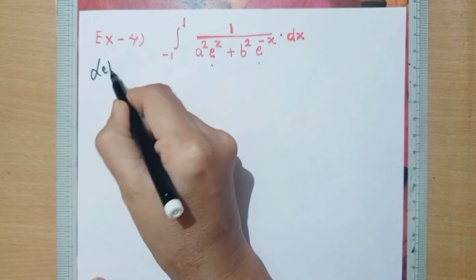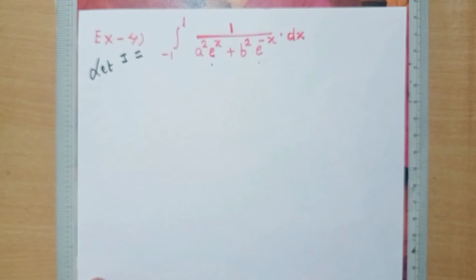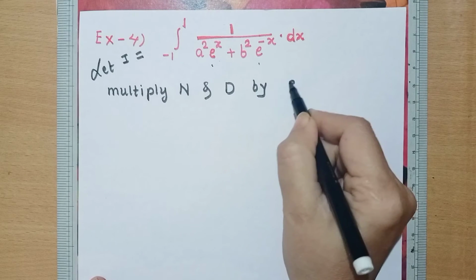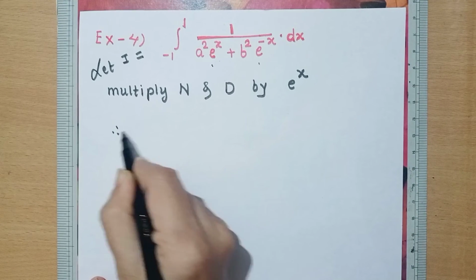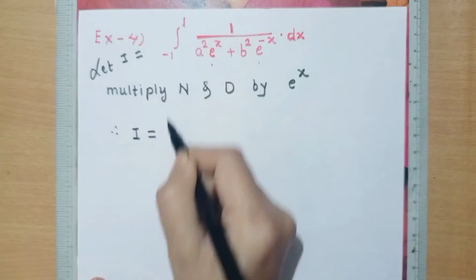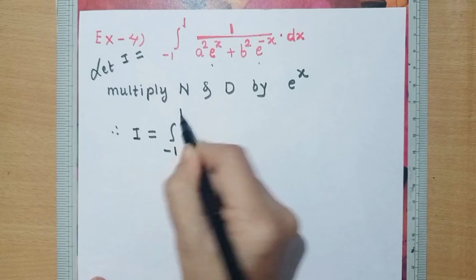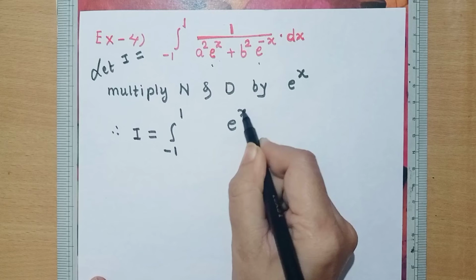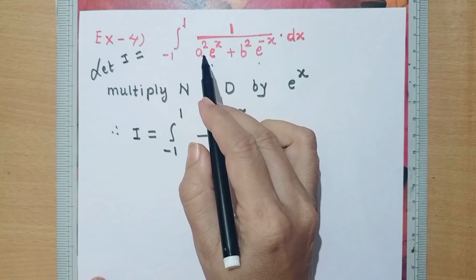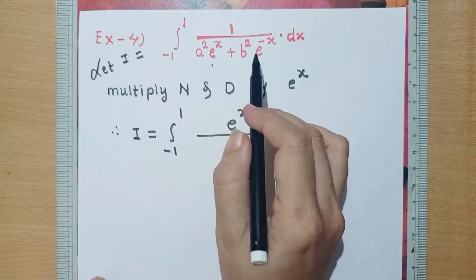First we will write here, let I is equal to this by e raised to x, and therefore this I is equal to integration minus 1 to 1. Here we will write e raised to x, and in the denominator we will multiply to both the terms.